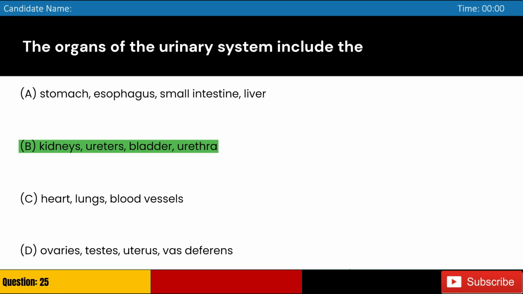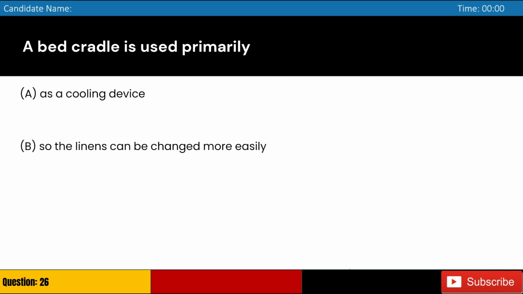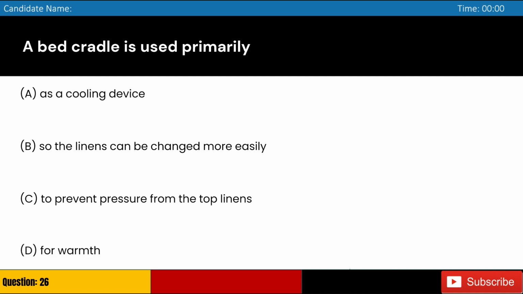Answer B. Kidneys, ureters, bladder, urethra. A bed cradle is used primarily A. As a cooling device. B. So the linens can be changed more easily. C. To prevent pressure from the top linens. D. For warmth. Answer C. To prevent pressure from the top linens.